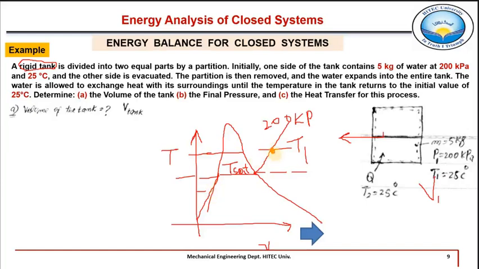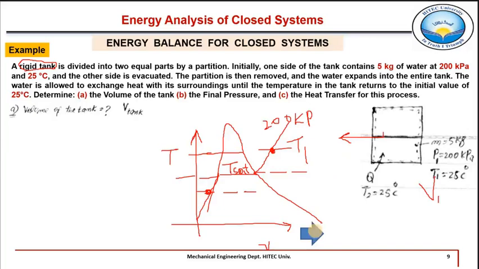We see T sat from the saturated table for that pressure, and if our given T1 is higher than this T sat, it means our substance at this T1 and P1 is in the superheated region. But if this T1 is lower than T sat for this pressure, for example if this is our T1, then this T1 line is intersecting this pressure line in the liquid region. So this will be the condition of our working substance, which is water in this case.